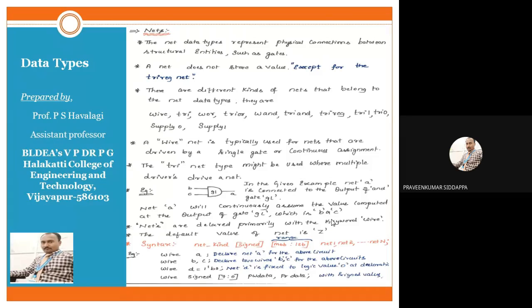So what is a net? The net data types represent physical connections between structural entities such as gates. When I need to write net as a data type, whenever we declare net as a data type, we use the keyword wire.